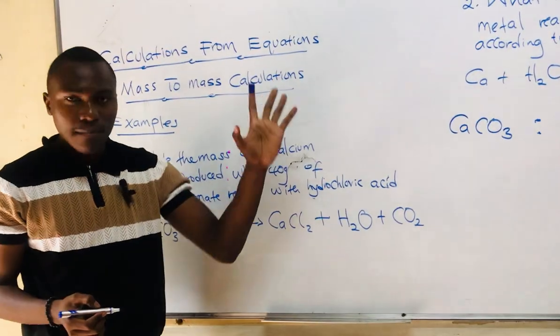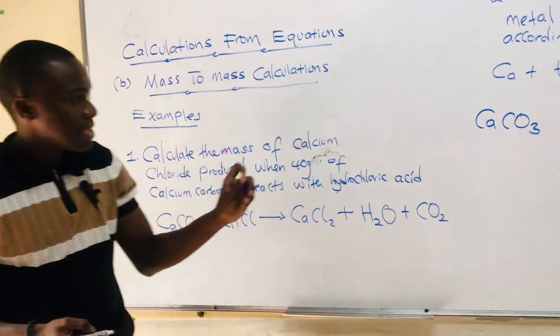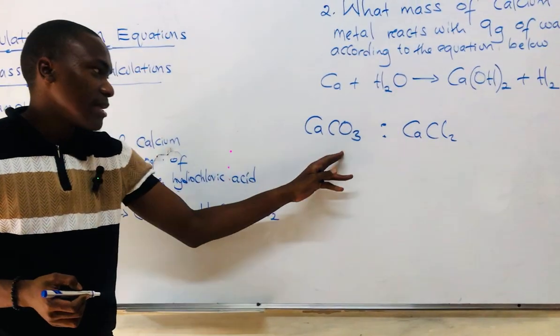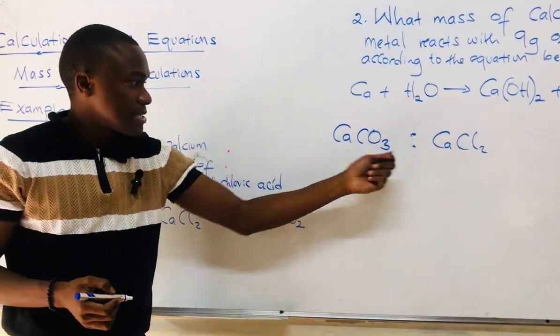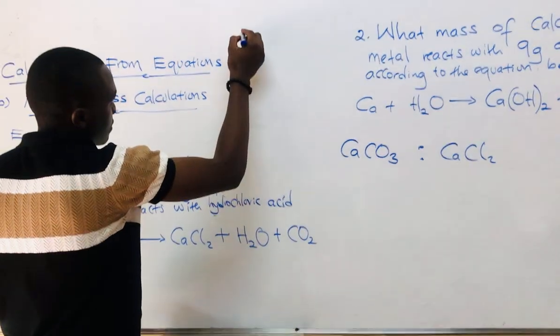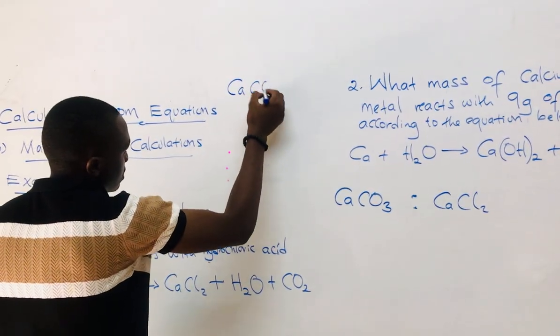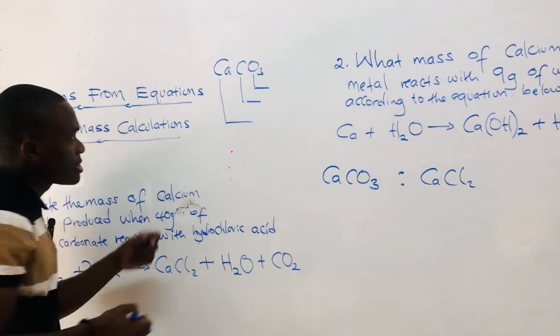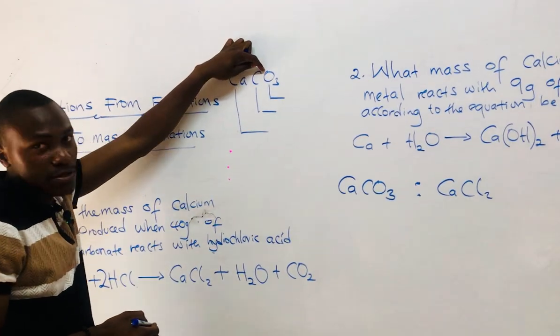So the method that I'm going to teach you here is very simple. So step number 1, we are going to find their relative molecular masses. Let's start with calcium carbonate. So what could be the relative molecular mass of calcium carbonate? CaCO3, we do this. Now oxygen, what is the relative atomic mass of oxygen?